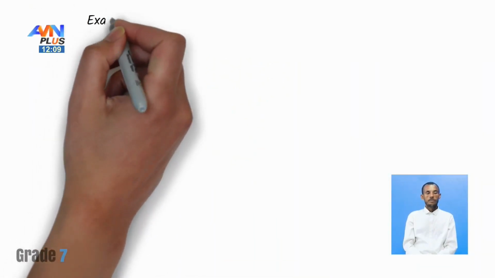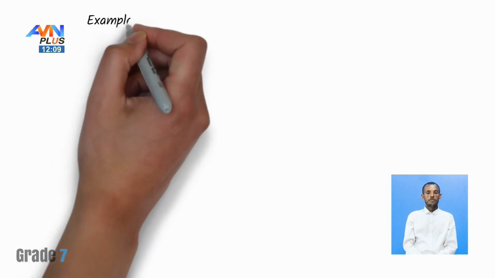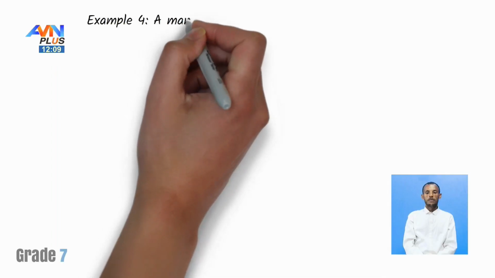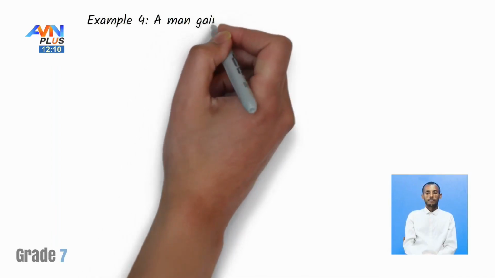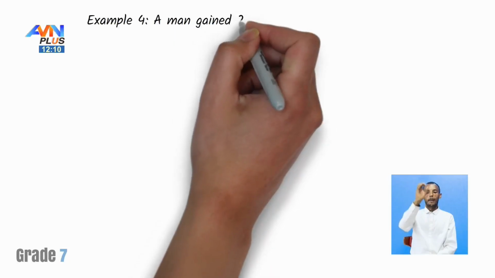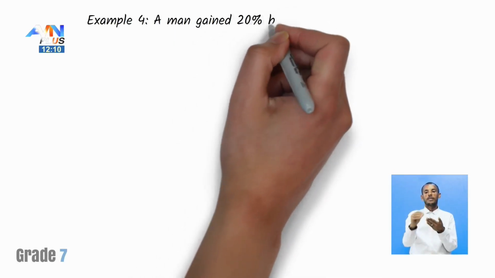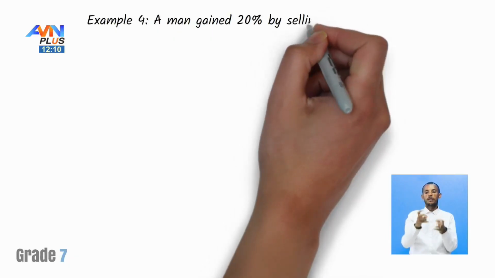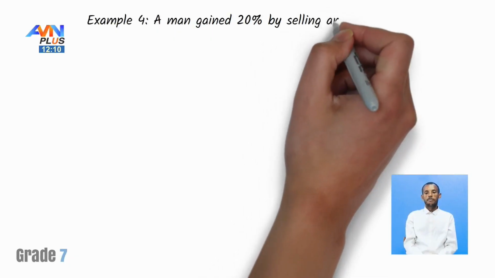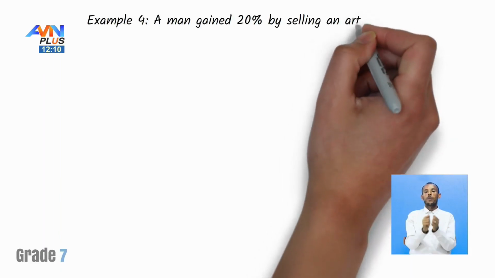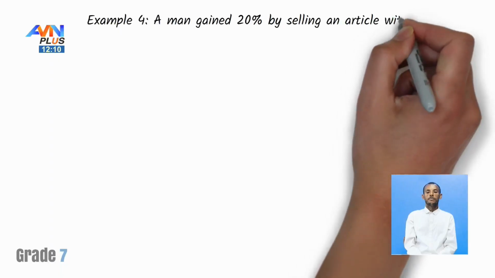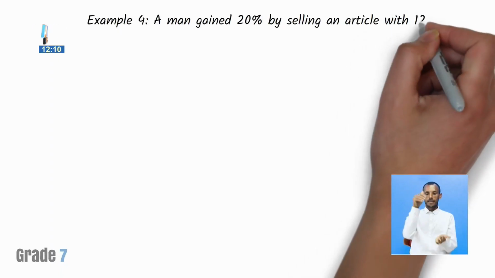Example 4. A man gained 20% by selling an article, with a selling price of 12,000 birr.